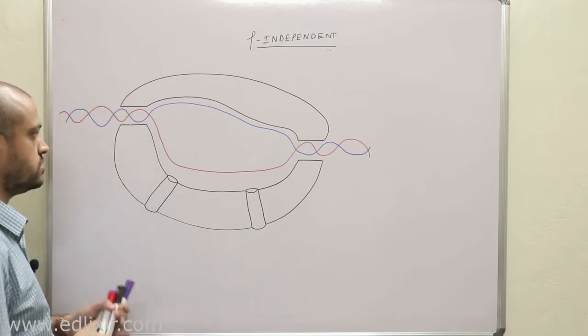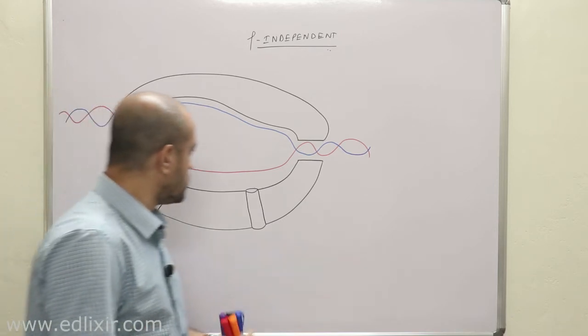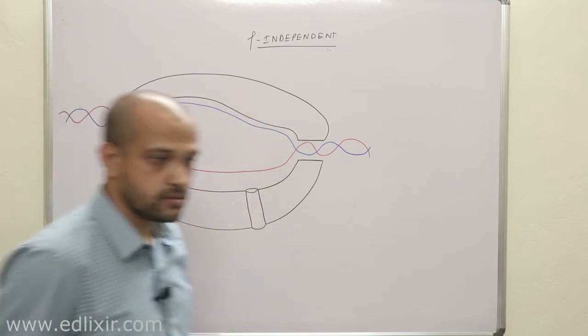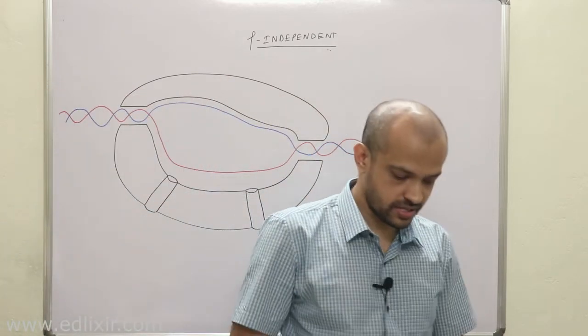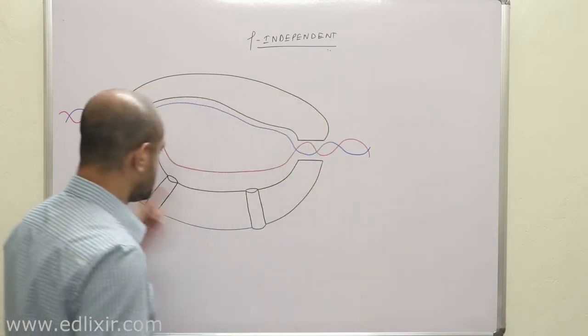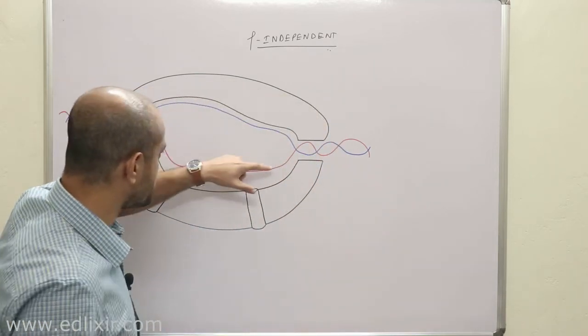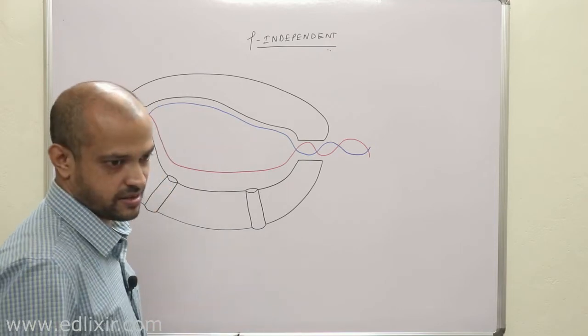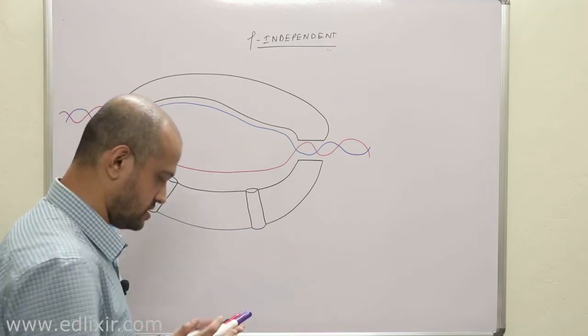Now listen with all your attention. To understand the rho independent mechanism of RNA transcription, you must understand this very basic thing that there are two prerequisites. I have already said that. Now listen. These prerequisites are present on the template strand, but they are also present in the non-template strand. Why? Listen.